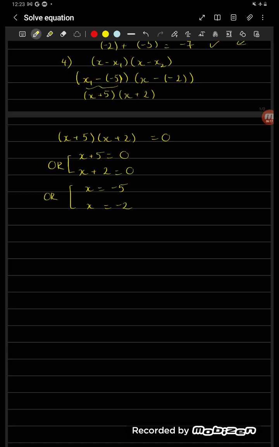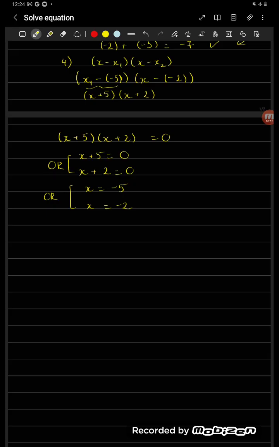So how about if we cannot do factorization? How can we find the solution? Actually we can do factorization, but it's not a nice number, not a whole number. It comes up with a fraction, or an irrational number, like square root of 2, square root of 5, something like that.